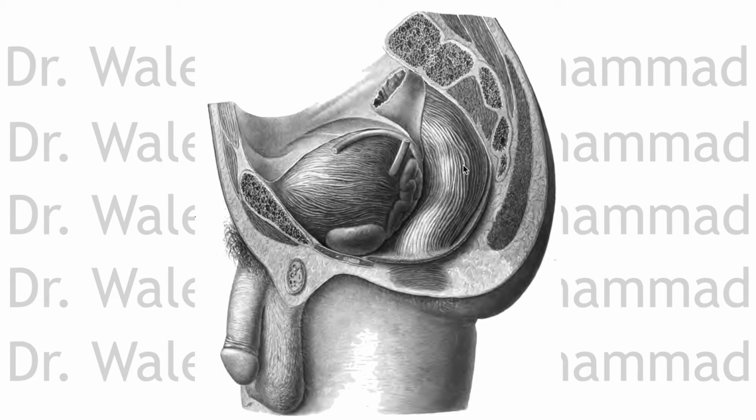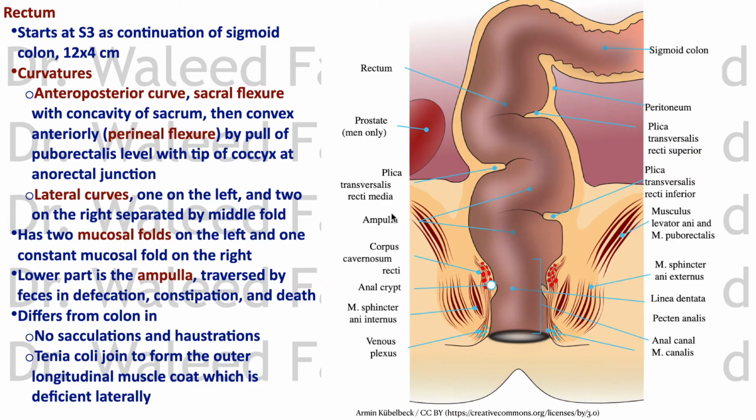Then by the pull of the puborectalis part of the levator ani, it becomes convex forwards at the anorectal junction, and then the anus descends backwards and posterior. So it has a posterior curvature called the sacral curvature, and an anterior curvature called the perineal curvature. These are the anteroposterior curvatures of the rectum.